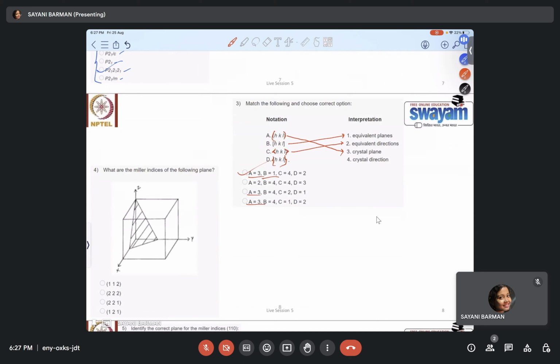These are crystal equivalent planes. That's what I'm thinking. Yeah, these are equivalent planes, and these are crystal directions. So the option would not be this, but D is 1. D is 1. So this one.